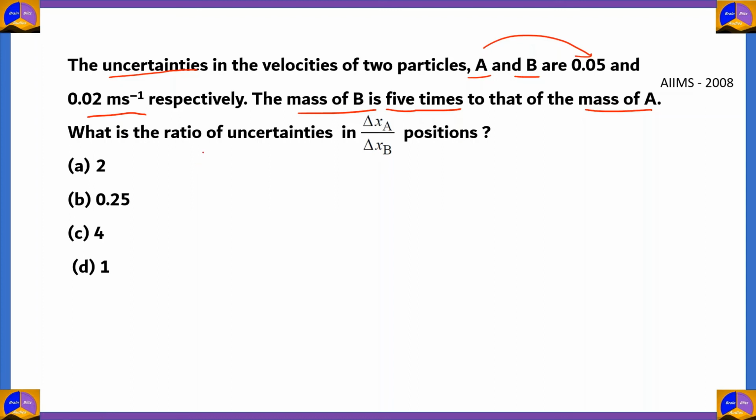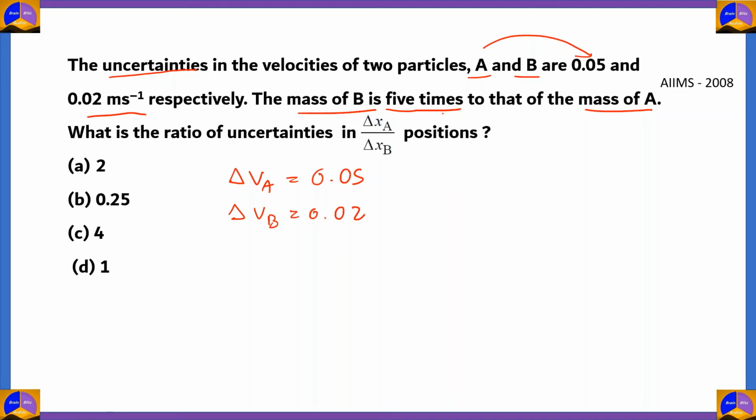So let's write down the quantities given here. Uncertainties in the velocities of A and B are given, represented by delta VA. Delta VA is the uncertainty in the velocity of A, which is 0.05. And for B, it'll be 0.02.